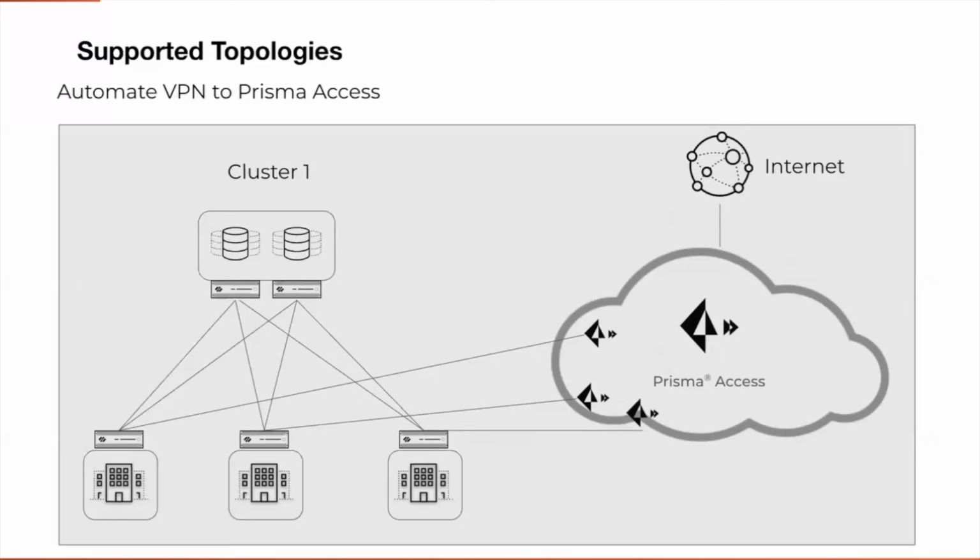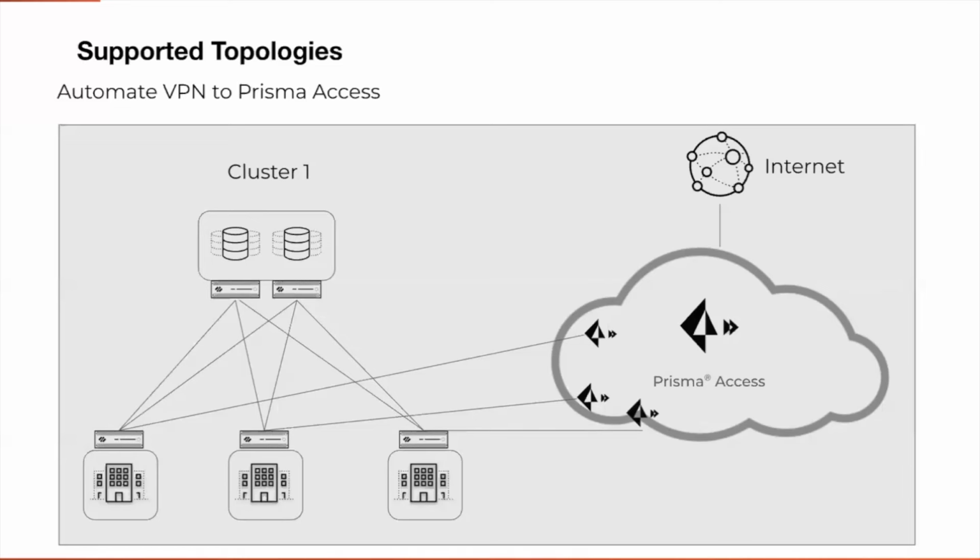The other thing we did was automate the VPN to Prisma Access as well. When the branch gets deployed, you can form AutoVPN in a cluster between the next-gen firewall devices, and you can also form VPN to Prisma Access if Prisma Access is managed by Strata Cloud Manager as well.